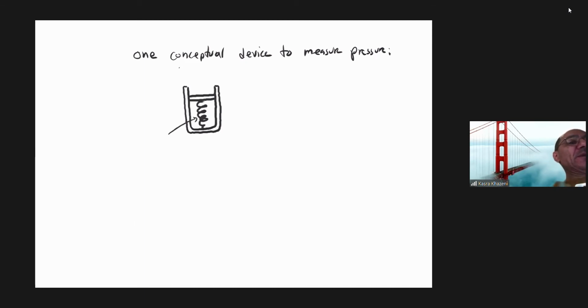So that's a spring with constant K. This is a piston, and this is some cylindrical cup.